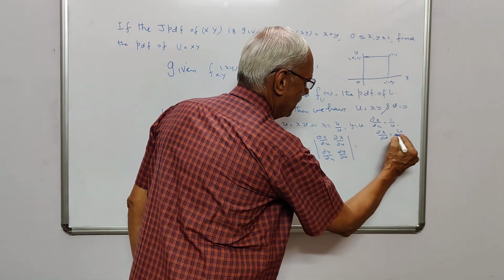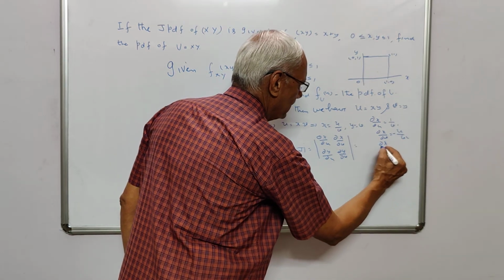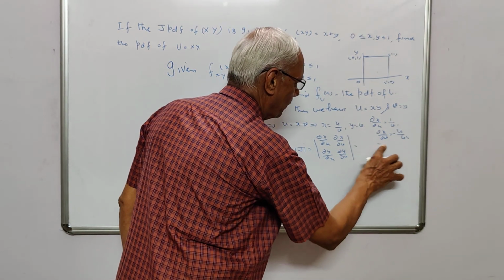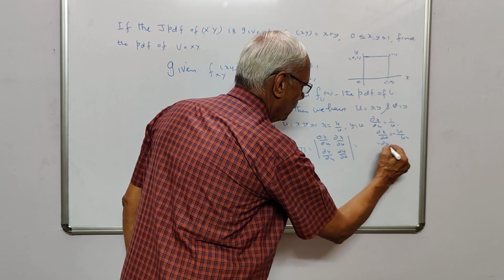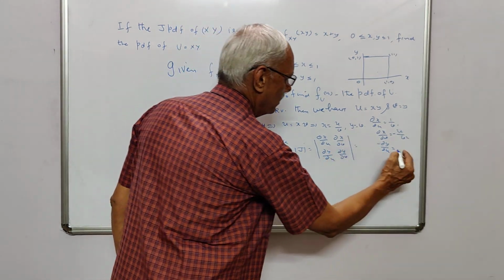So this is minus u by v squared. Then dou y by dou u is 0.